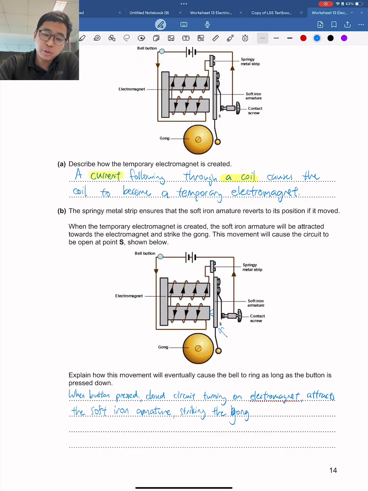After that, you must mention what happens after that. This causes an open circuit, demagnetizing the electromagnet. Right?